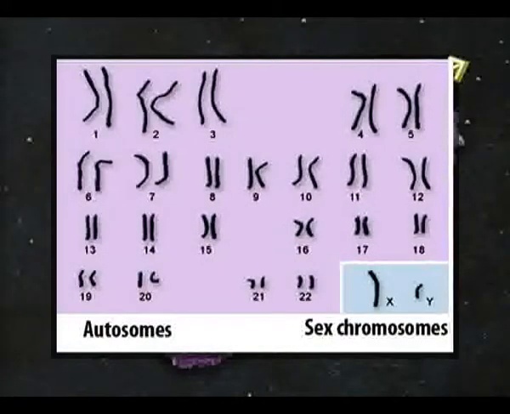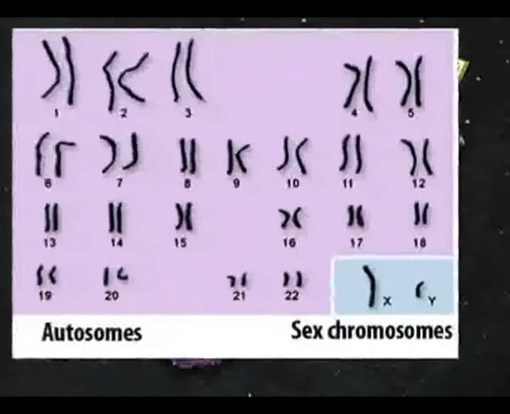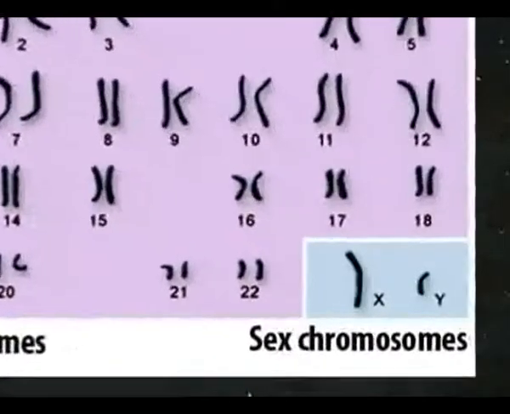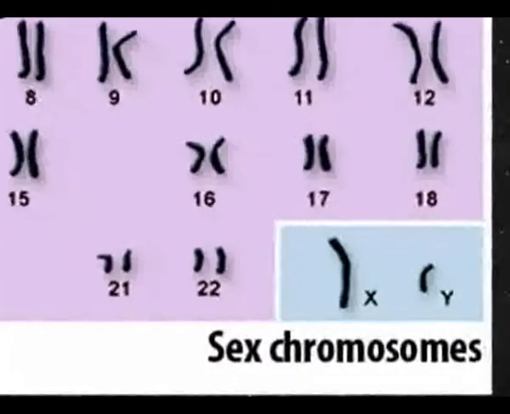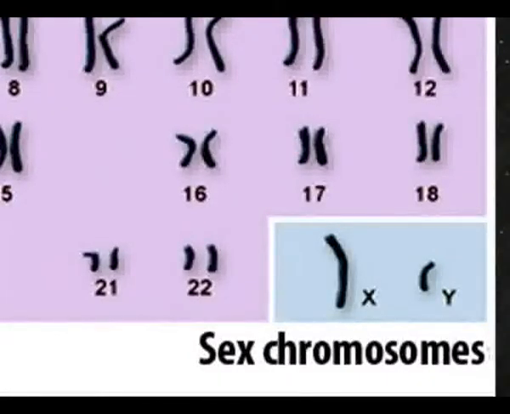In humans, each diploid cell has two sex chromosomes that make up one of the 23 homologous pairs of chromosomes. The X chromosome is larger than the Y chromosome and therefore has spaces for genes that are not present on the Y chromosome.